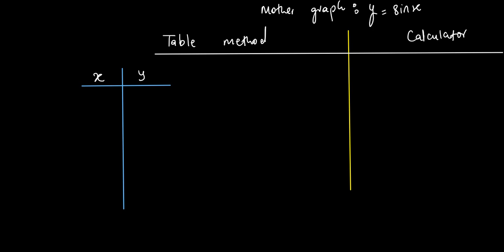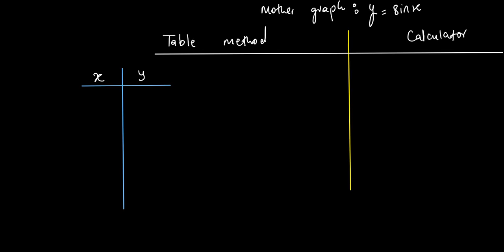So therefore our values of x are not going to be like 1, 2, 3, 4, 5 just like we're dealing with in algebra, but rather we're gonna use degrees.